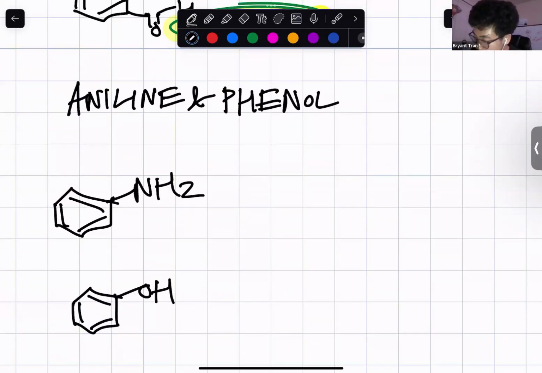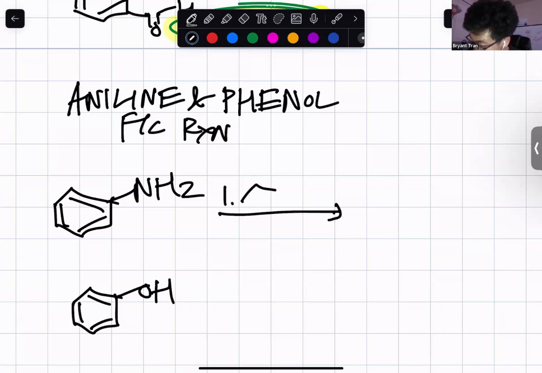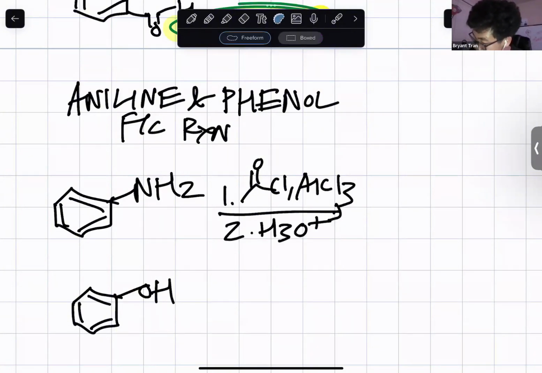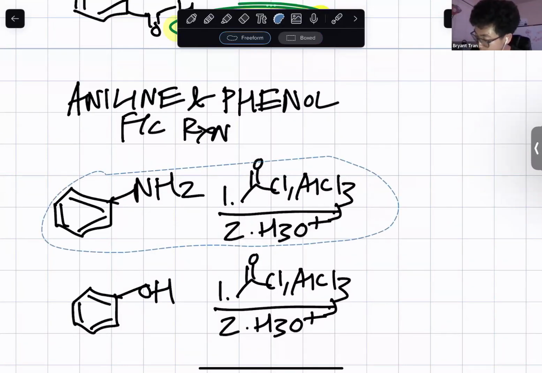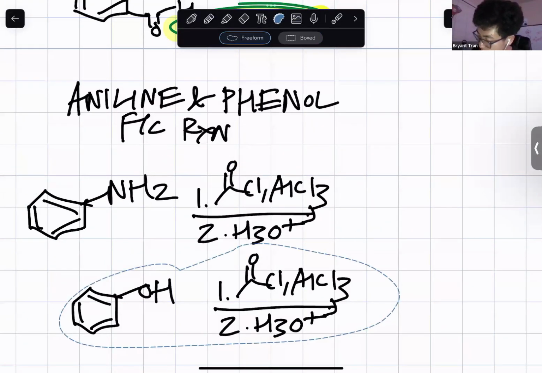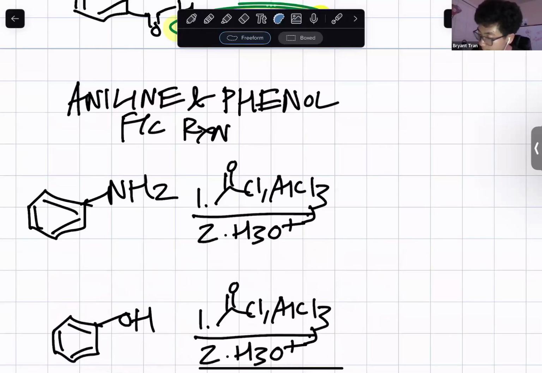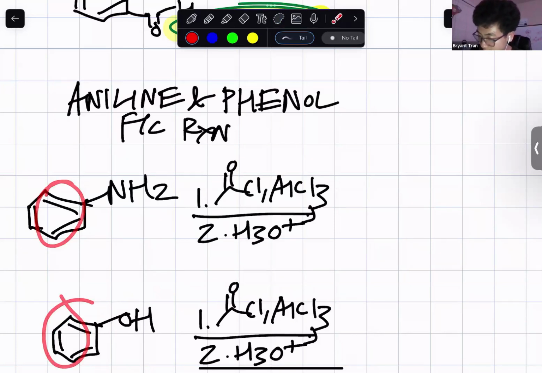When we try to do Friedel-Crafts reactions to these, right? Let's say, for example, we try to do this Friedel-Crafts acetylation reaction to this aniline and phenol. Usually, the benzene ring is the nucleophile for EAS reaction.